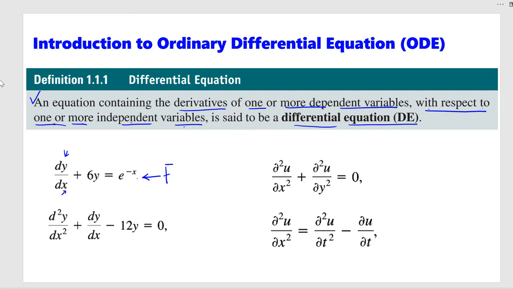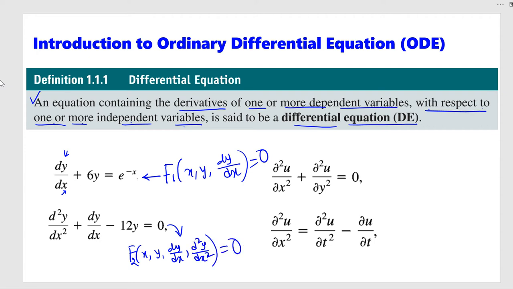So this is, you can say, f1(x, y, dy/dx) equals 0. Similarly, you can write f2, some function. It is an equation containing x, y, dy/dx and then d2y/dx2 equals 0. So if we have ordinary derivatives, then we call it an ordinary differential equation.